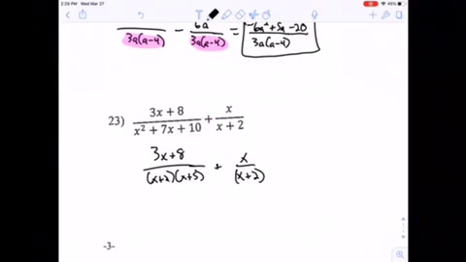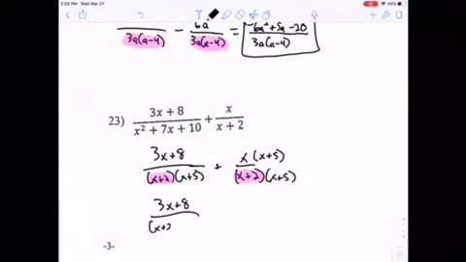So looking at the denominators, we have x plus 2's in common. The second fraction is missing an x plus 5, so that's what we have to multiply top and bottom by. And so here we get 3x plus 8 over x plus 2 times x plus 5, plus, distribute the x, you get x squared plus 5x over x plus 2 times x plus 5.